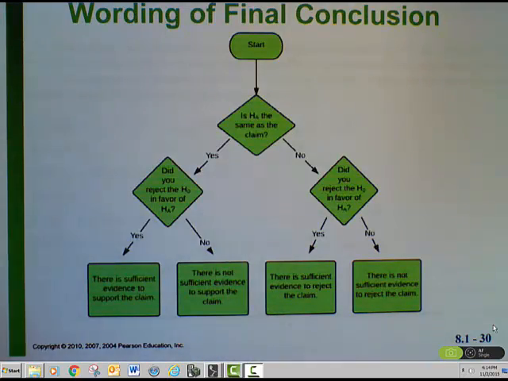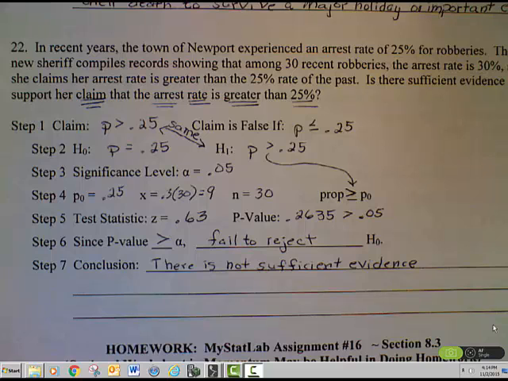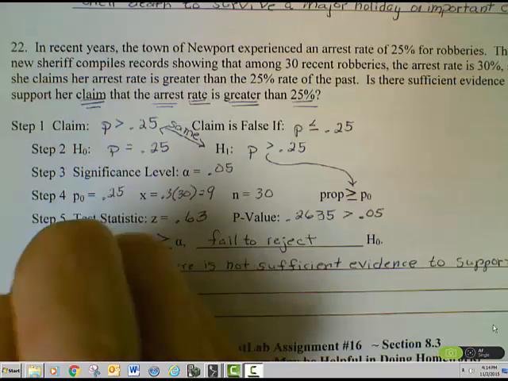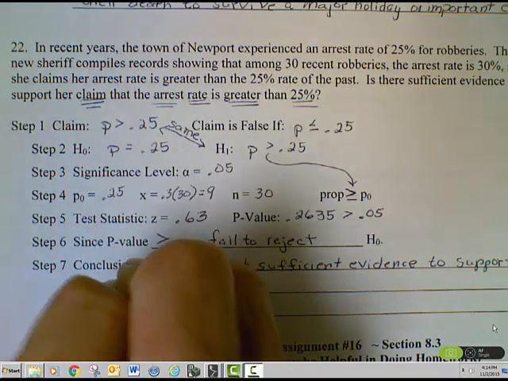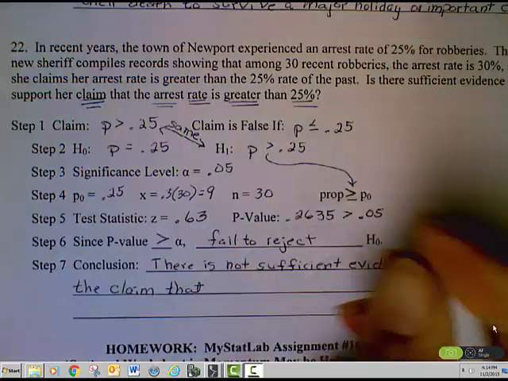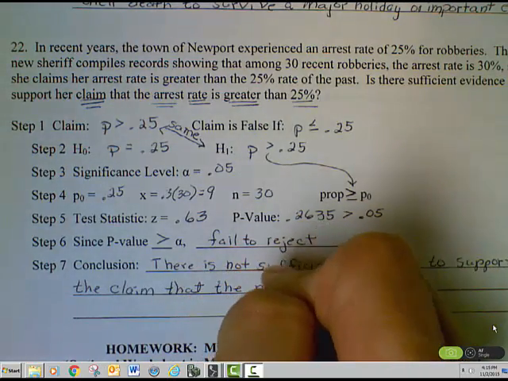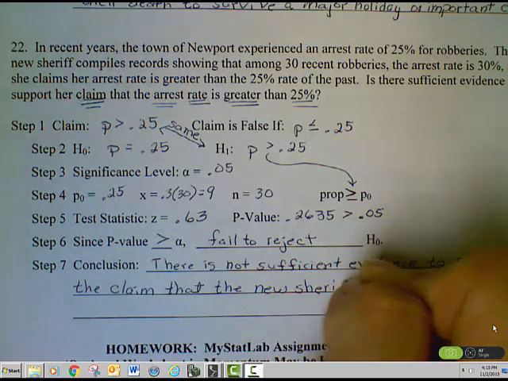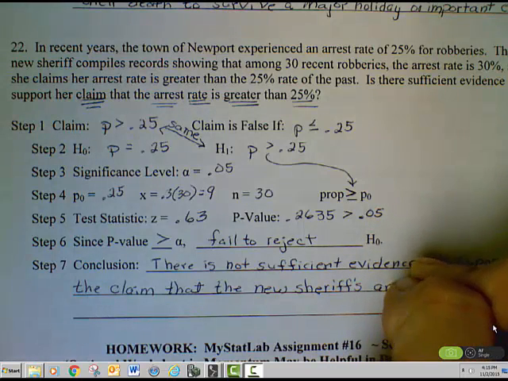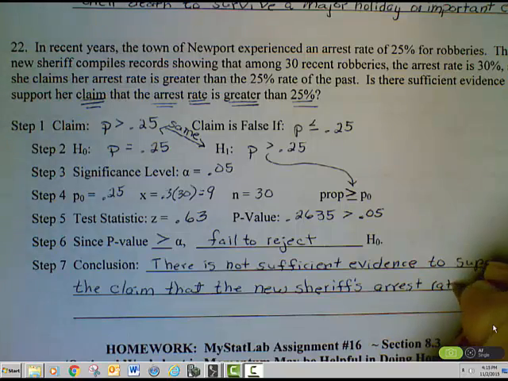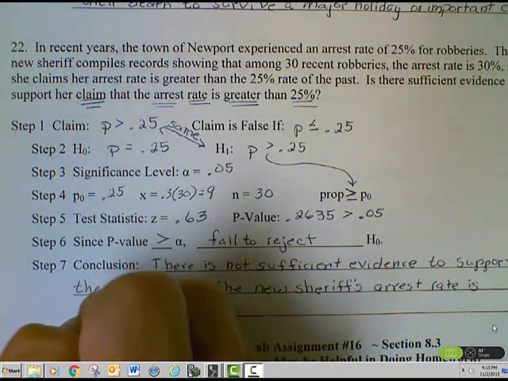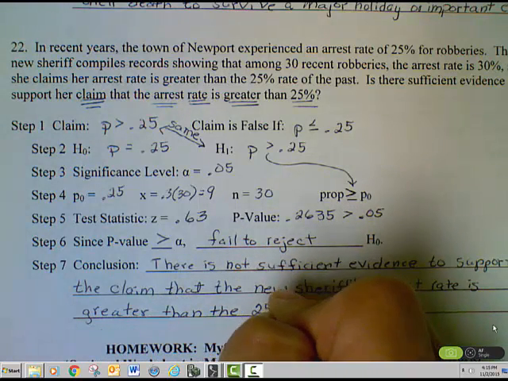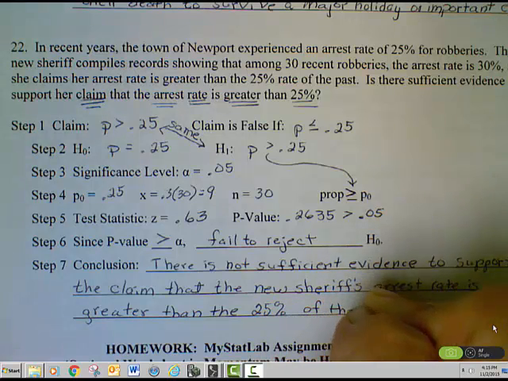So once again, there's not sufficient evidence to support the claim that the new sheriff's arrest rate is greater than the 25% of the past.